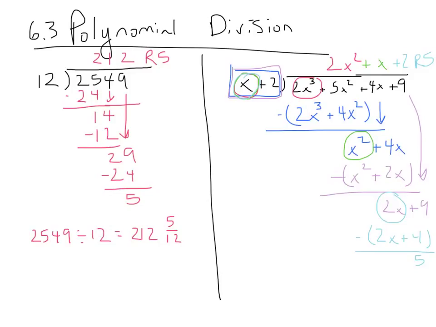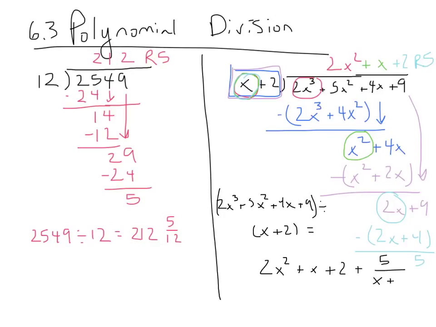So let's take a look at what exactly this means. This means that (2x cubed plus 5x squared plus 4x plus 9) divided by (x plus 2) is equal to 2x squared plus x plus 2 plus this remainder of 5, which has yet to be divided by x plus 2.